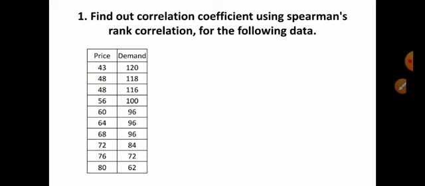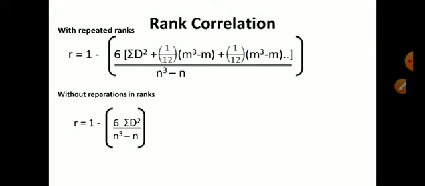Therefore, we have to consider the m value. You can see in the previous slide, we have to calculate 1 by 12 (m cube minus m), and it will come only in the repeated ranks. That's why we calculate 1 by 12 (m cube minus m) for the repeated ranks.